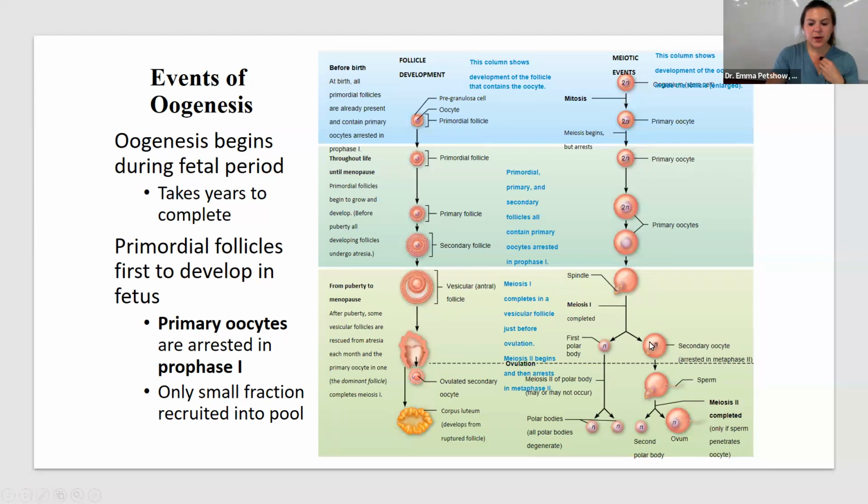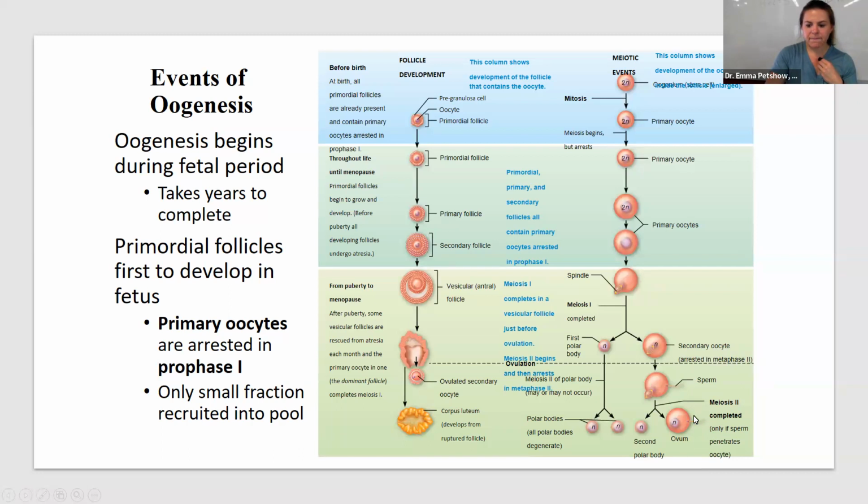But if it does not meet sperm, it will stay arrested in metaphase 2 of meiosis 2. It won't finish meiosis 2 unless a sperm has penetrated the oocyte. So that's the kicker for maturation.